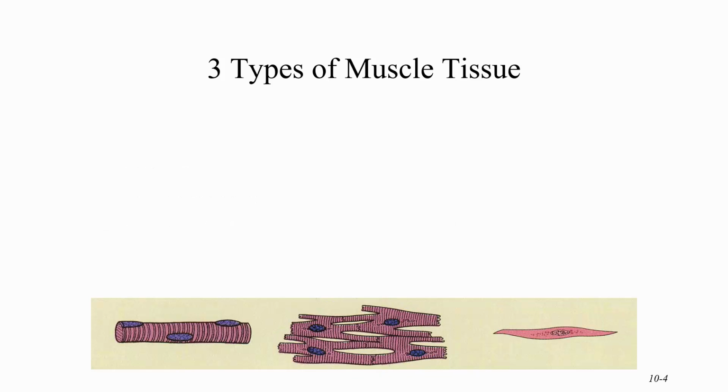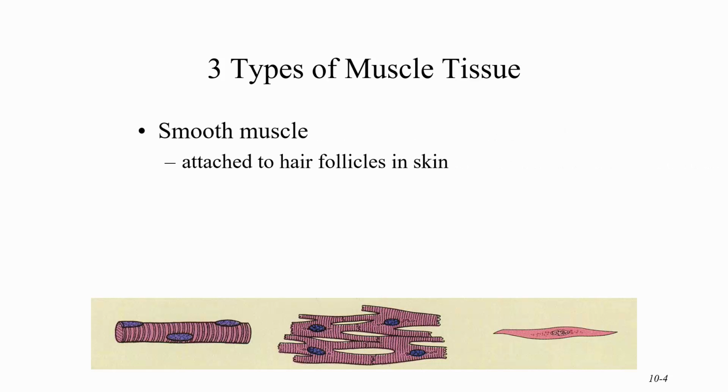Okay, the next one is going to be smooth muscle. And we find it in a lot of different places. If you remember when we talked about the skin, it's attached to hair follicles in the skin. Remember the erector pili muscle? That's an example of a smooth muscle.